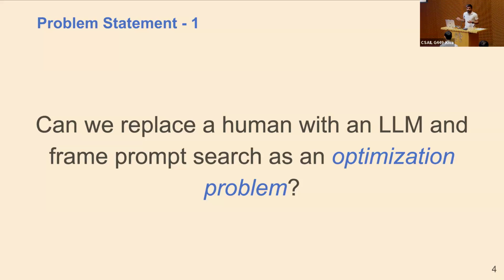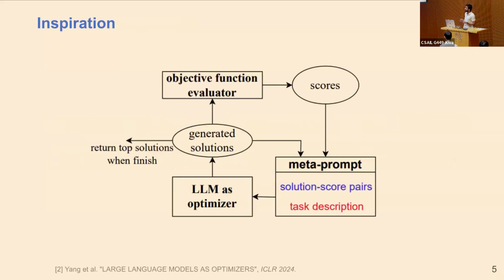So yes, we can. Spoiler alert. To give you some inspiration, the inspiration from this work comes from this ICLR 2024 paper, which used large language models as optimizers for natural language tasks.